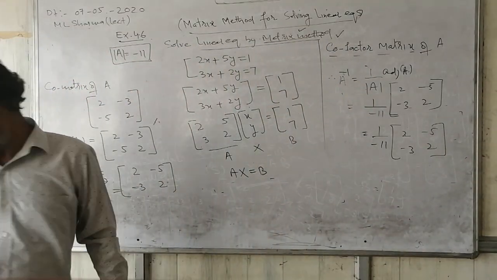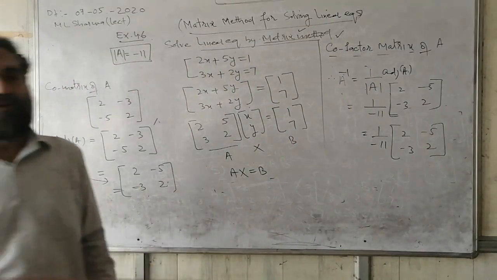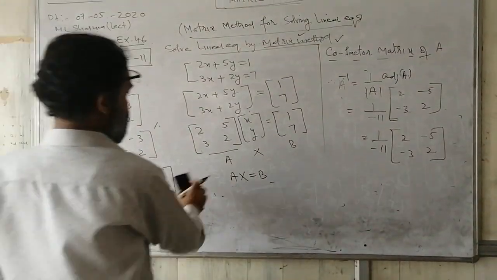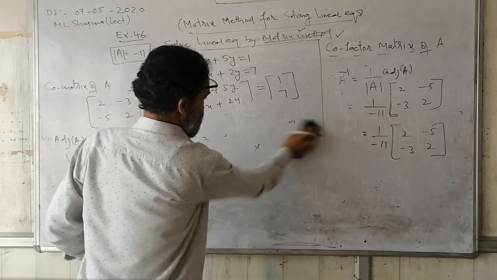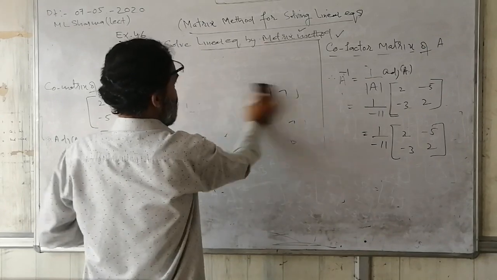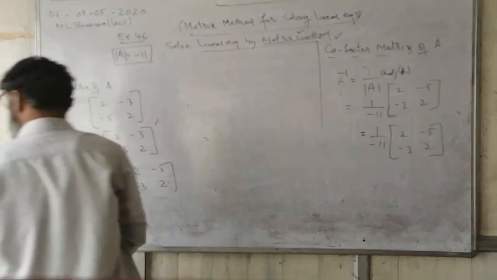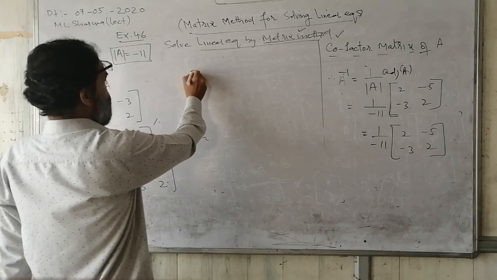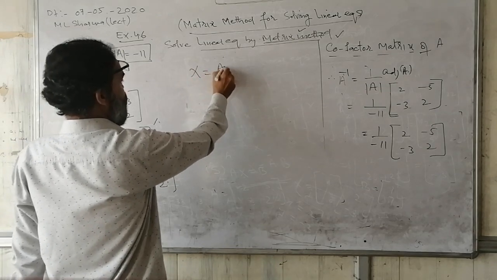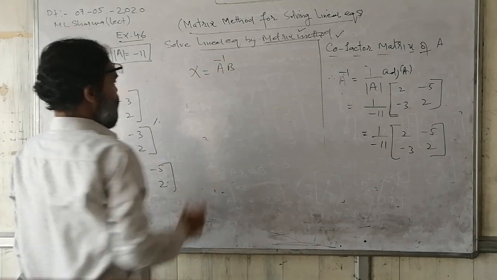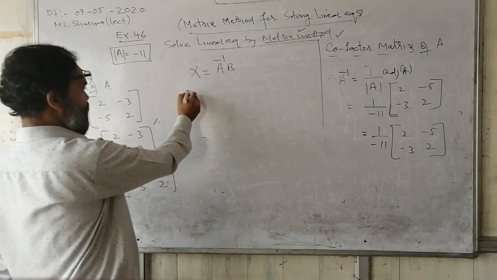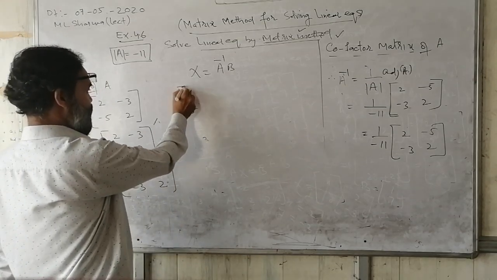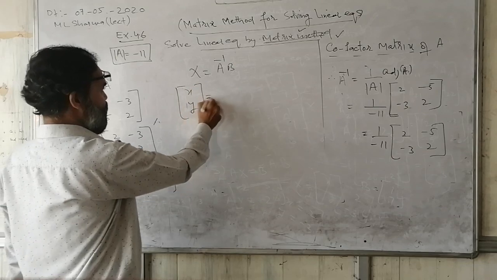Now finally, for finding the values of x and y, the last step I have to take is X equal to A inverse B. So X means x, y. Here we have two variables.